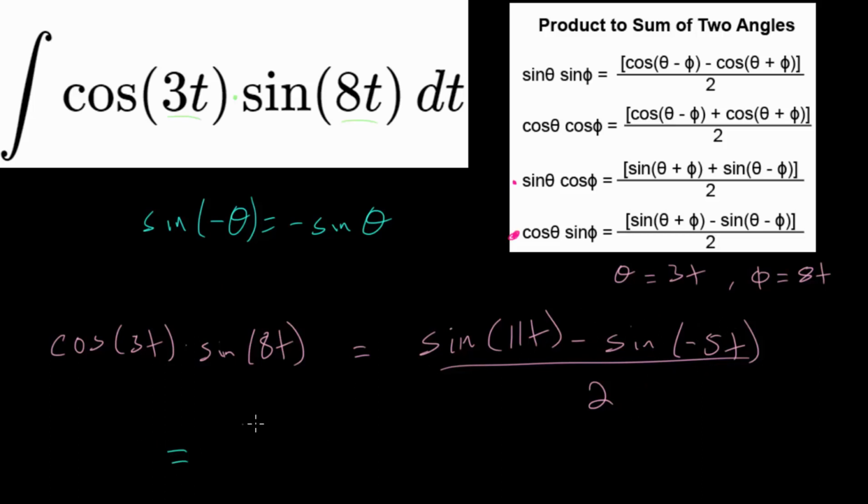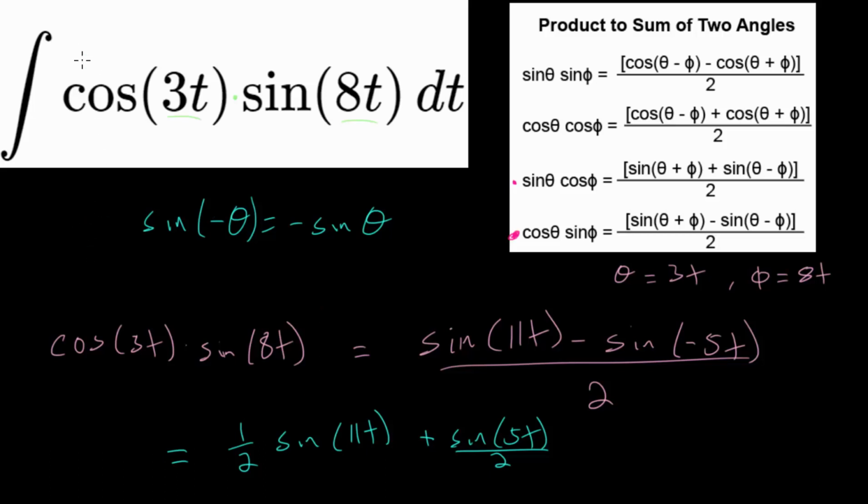What we get is 1/2 the sine of 11t plus, now we're making this angle negative, so it becomes minus the sine of positive 5t. We're just changing the sign using this identity, and that negative would cancel with this negative. So we get plus the sine of positive 5t, and that is also multiplied by 1/2, or divided by 2.